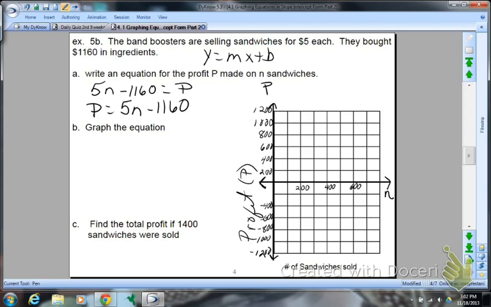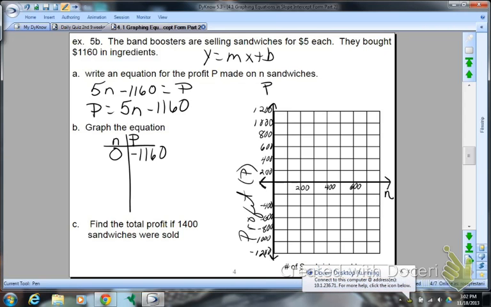I have to make a table. So instead of X and Y, it's N and P. So the very first point I'm always going to plot is my y-intercept, which is 0, negative 1160. Where is 0, negative 1160? Way down here.